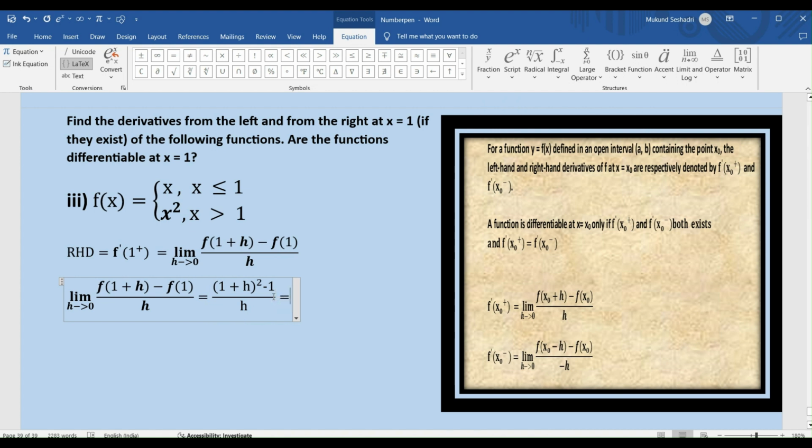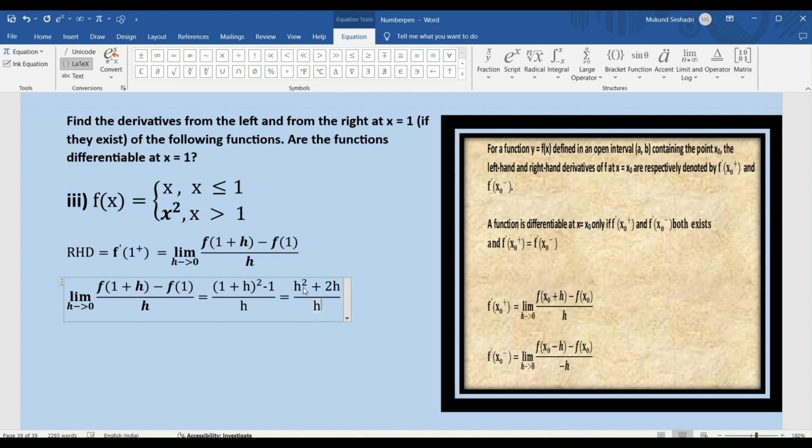My numerator, 1 plus h the whole square, is nothing but of the format a plus b the whole square. So 1 plus h square plus 2h. And then you still have a minus 1. And I think my 1 and 1 in the numerator will get cancelled, and I will be left with h square plus 2h, right?